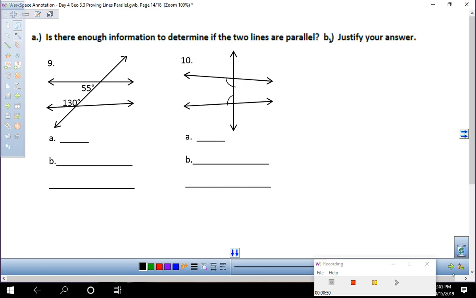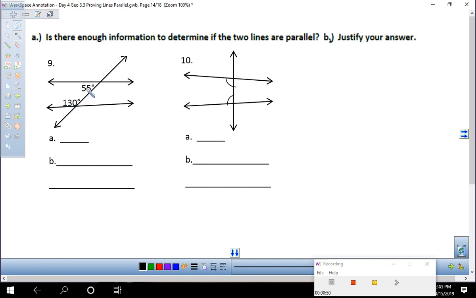Now, number 9 is a little bit different as well, because if I notice, alright, I've got my 2 angles. They appear to be consecutive interior. They're right next to each other on the interior, but 130 and 55 does not add up to 180. So it is showing me one of those converses, it's just not being represented correctly.